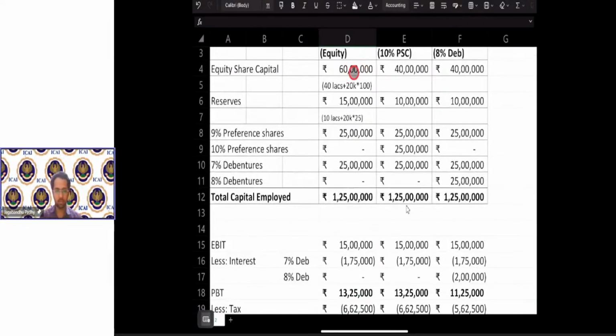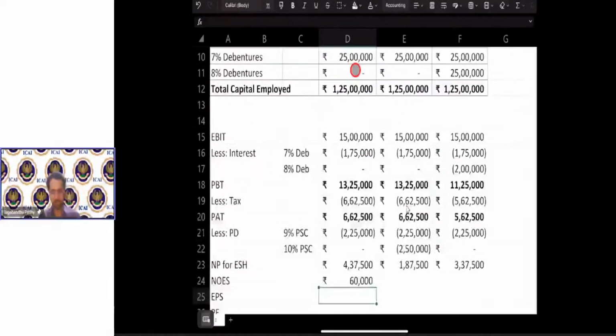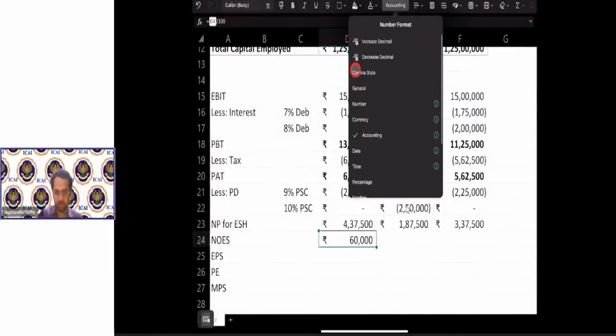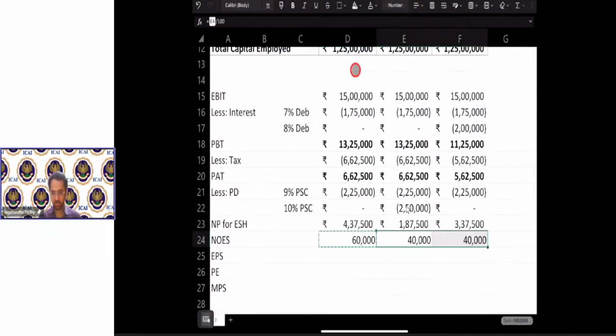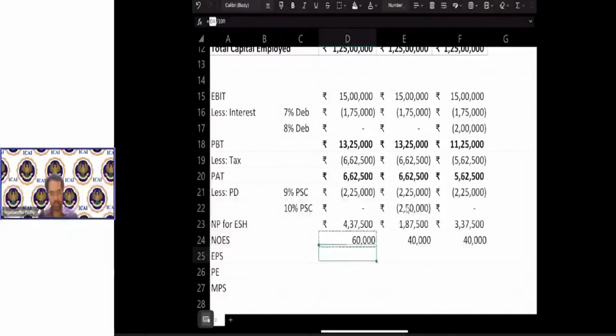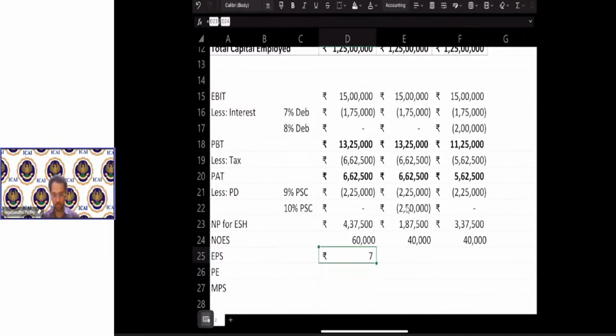Now 60 lakh divided by 100 is the number of equity shares, the share capital divided by 100, because 100 is the face value. Now this is of course the normal number of equity shares. And then earnings per share, we can get it as net profit for equity shareholders divided by the number of equity shares.